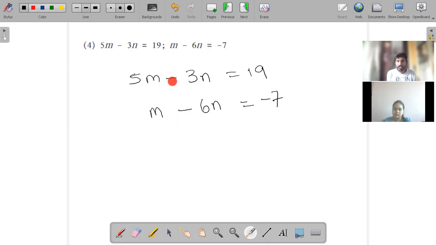Note that here also a minus sign is there, here also a minus sign is there. So what should you do, addition or subtraction? Both signs are the same. Subtraction. Yes. Whenever both the signs are the same like this, you do subtraction. If both of them were plus signs, then what would you do?